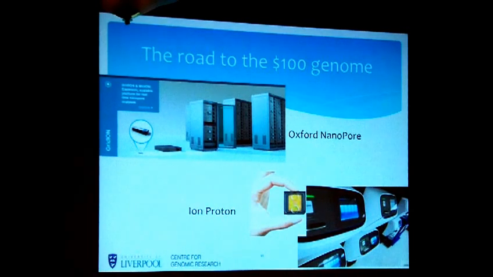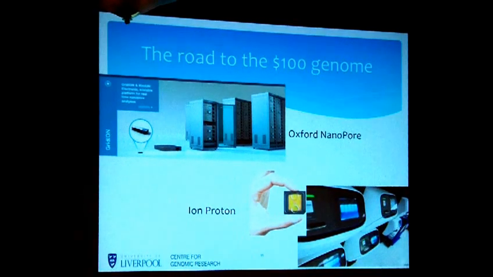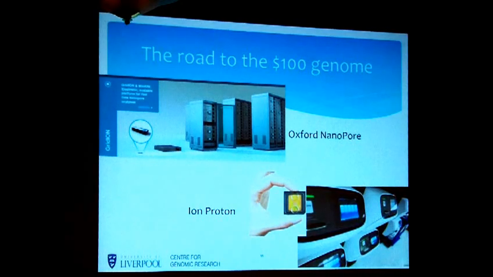As far as I understand the technology, you've got a little pore in a membrane, and you squeeze the DNA through that like toothpaste in a tube, and as it does, by some biochemical magic, it reads off the sequence as it goes through that pore.